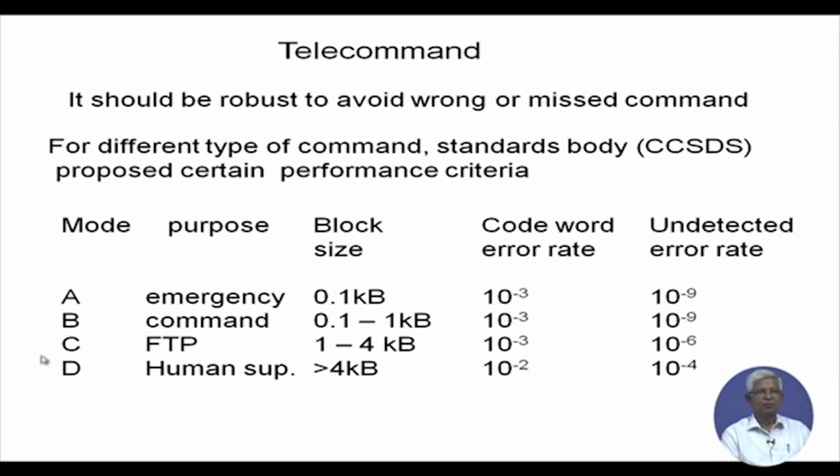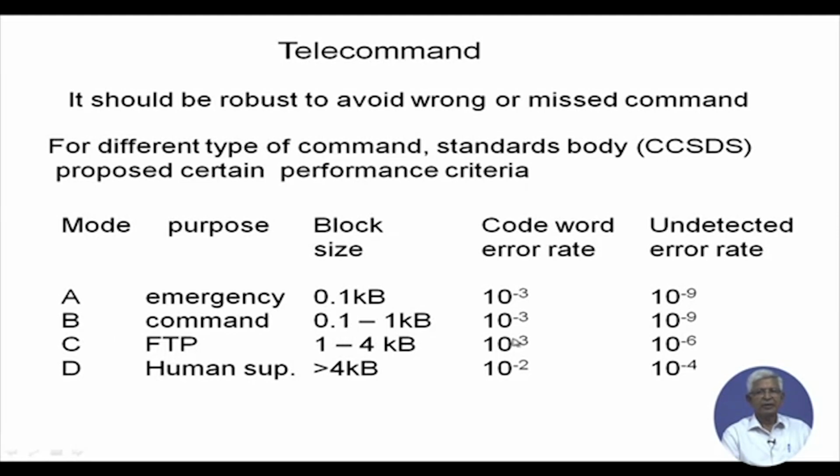They have given certain modes, like emergency mode, which is A, where the telecommand block size is about 100 bytes, 0.1 KB, this B for bytes, and the error on this code word that is tolerated is of the order of 10 to the power -3. Undetected can be 10 to the power -9. The B mode is command mode, which has a slightly larger block size.